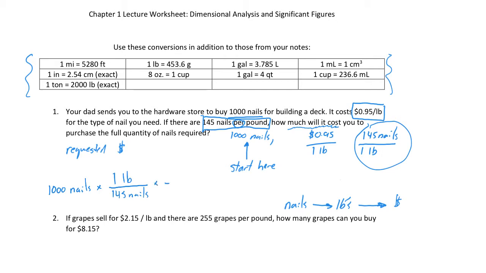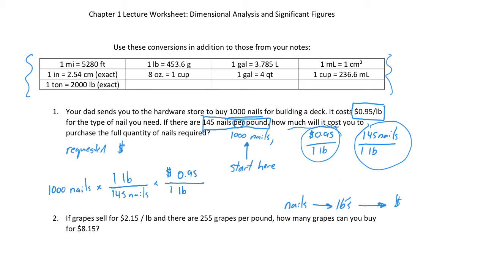But I'm not going to stop there. I'm going to keep going. The next step is now I'm in units of pounds. I need to convert pounds into dollars. So my next conversion factor will have dollars at the top, and it will have pounds at the bottom. So I take a look at this conversion factor, and I see the ratio is 95 cents per 1 pound.